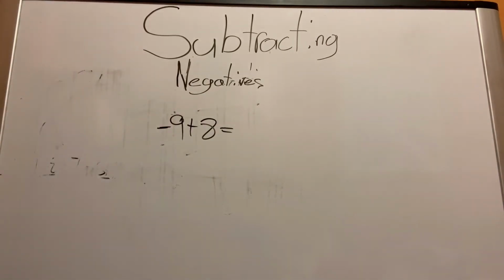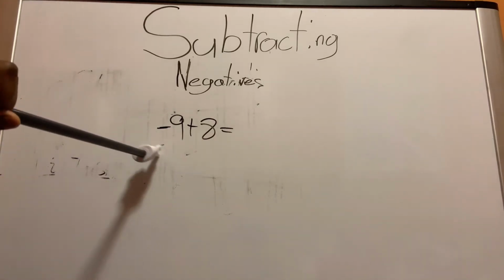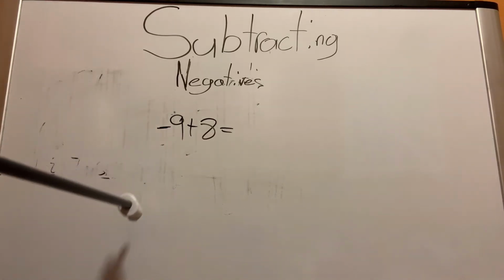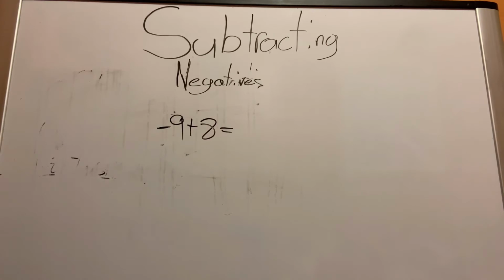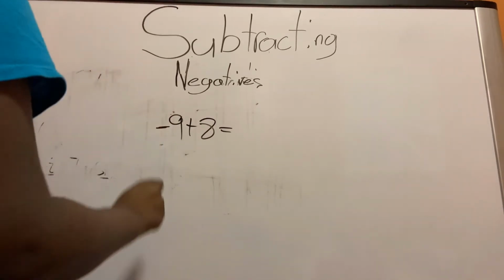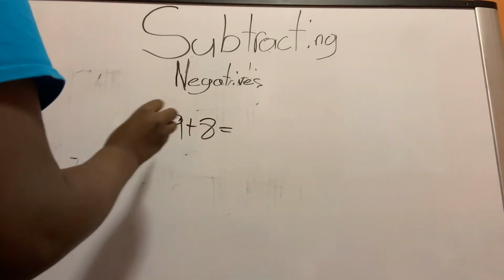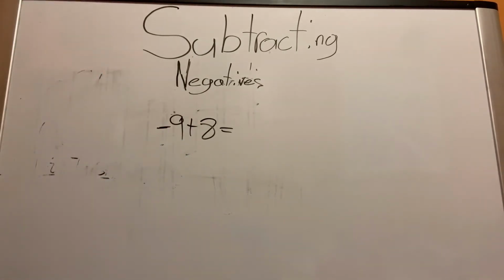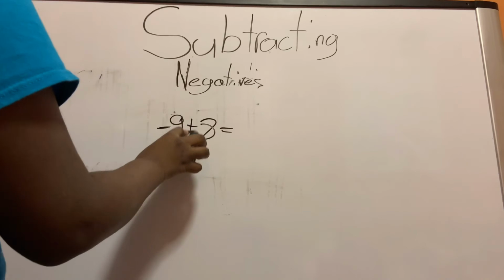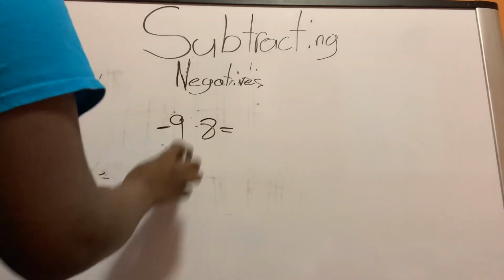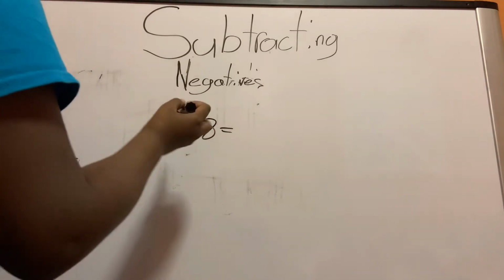Now, when you have two of the different signs, you would subtract the two numbers. Or you can also do this. It's called keep, change, change. So you keep the first number, you change the sign to its opposite, which would be subtraction.